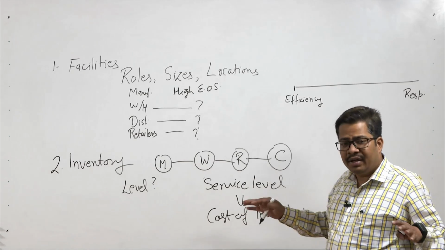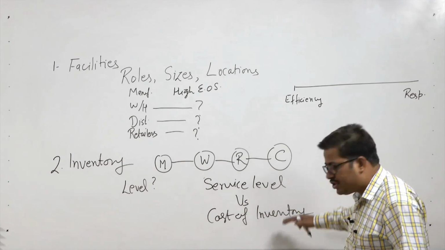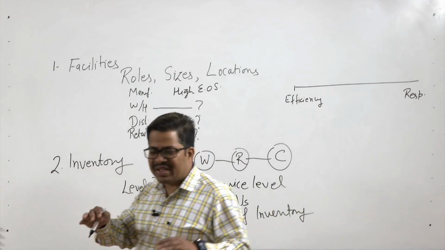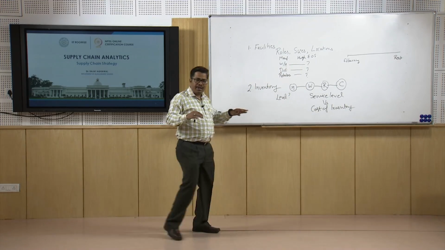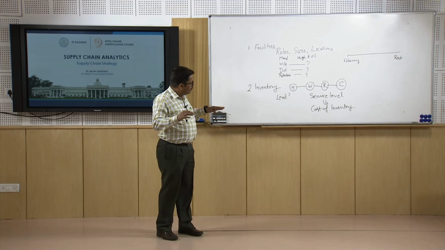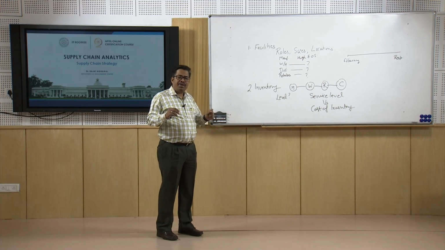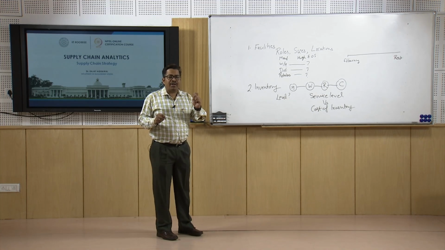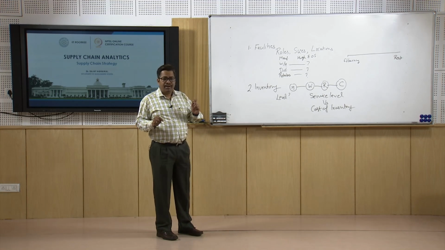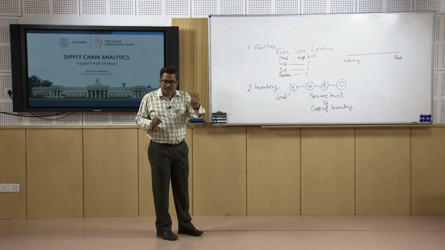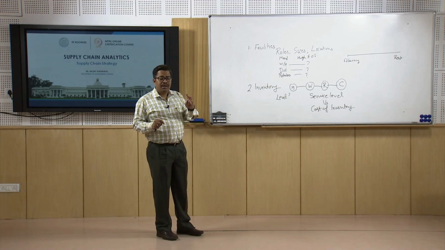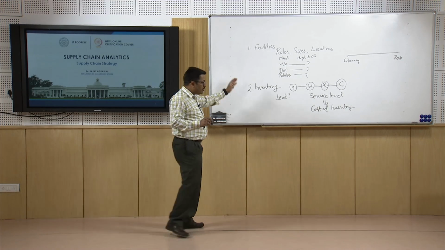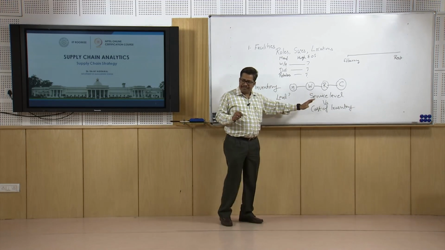So, we need to make a trade off, some kind of balance between service level and cost of inventory, and it is very important for a supply chain manager to continuously monitor what the expected service level for my product is. It is not a constant thing, and therefore real time data analytics will help us to continuously change the service levels.